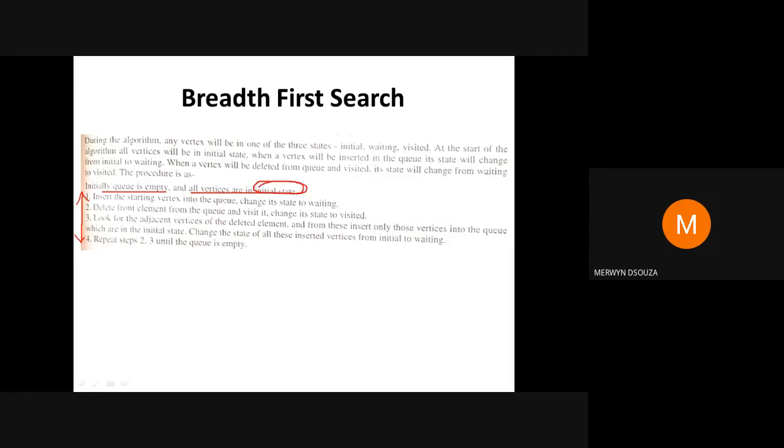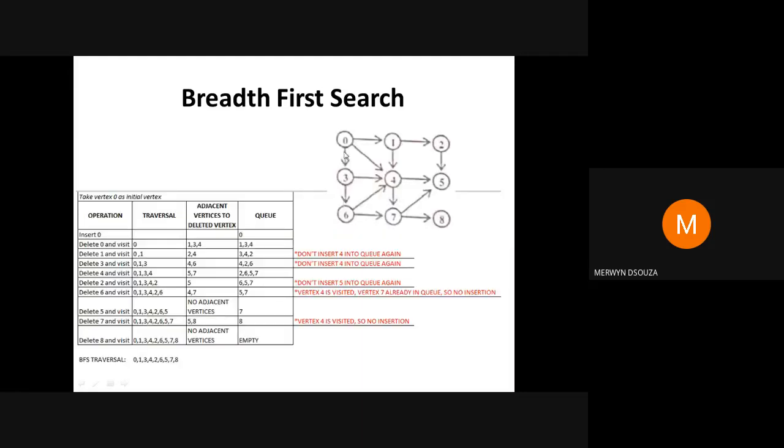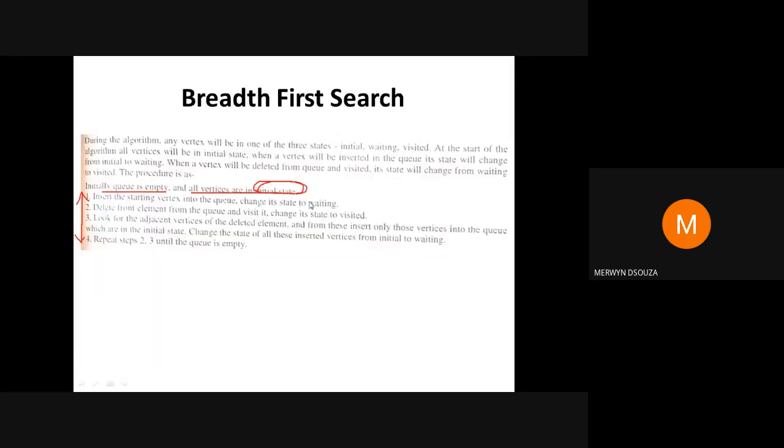To show you the vertices in the initial state, at the beginning I'll circle all these vertices with a different color on this slide. I will circle them with red. So let's assume that since they are in red, they are in the initial state.